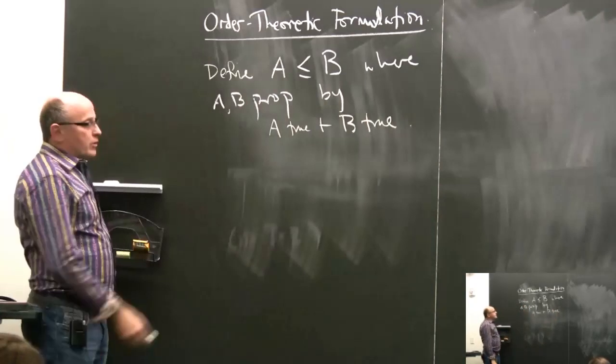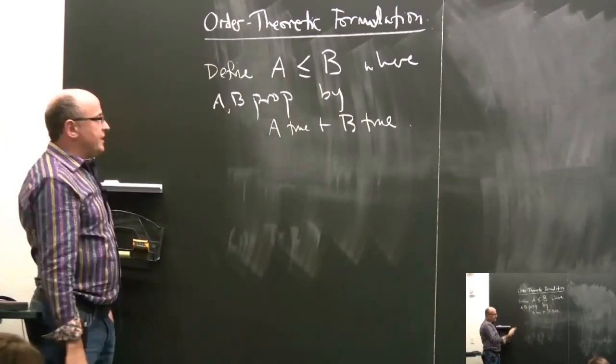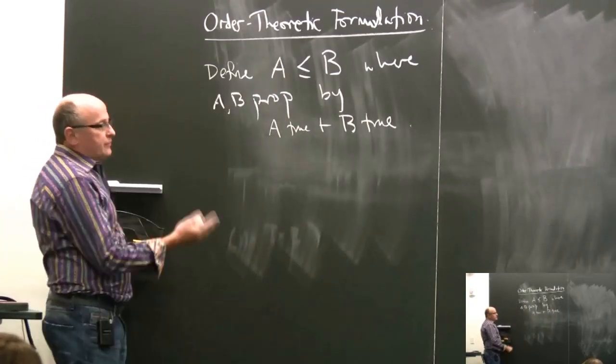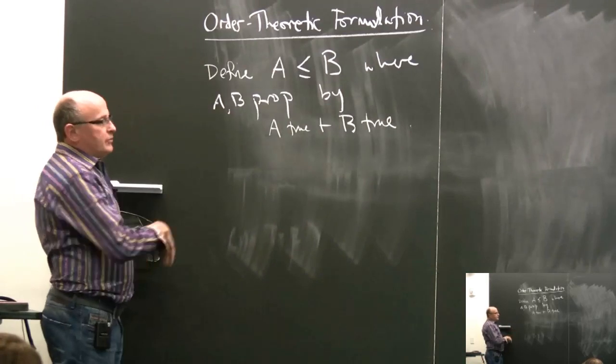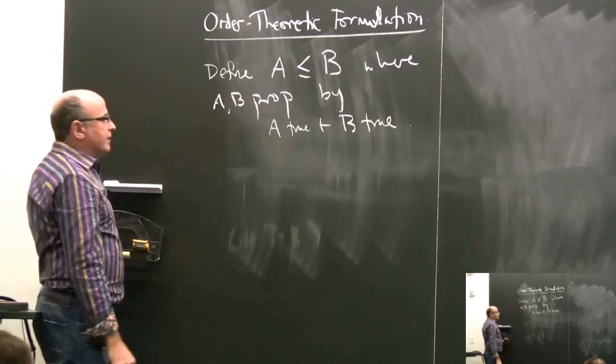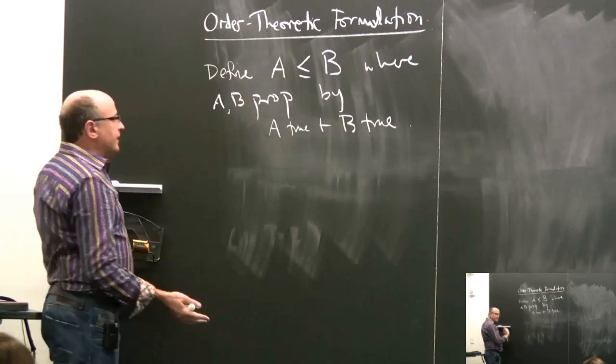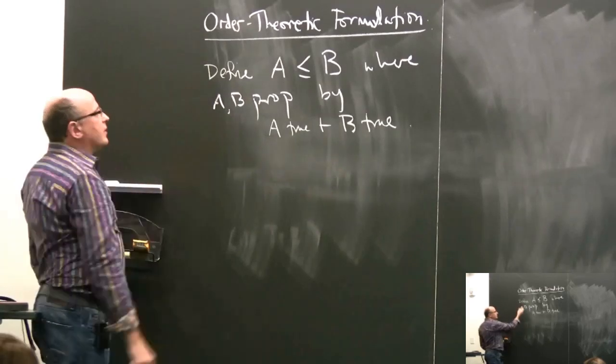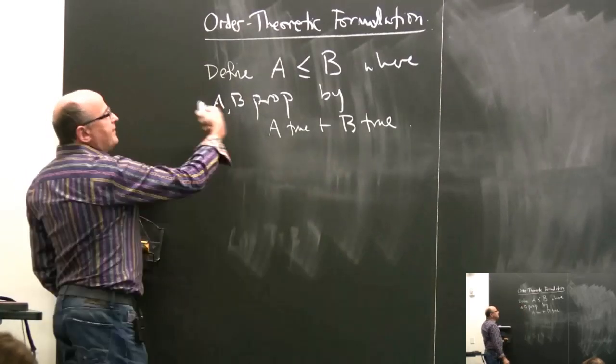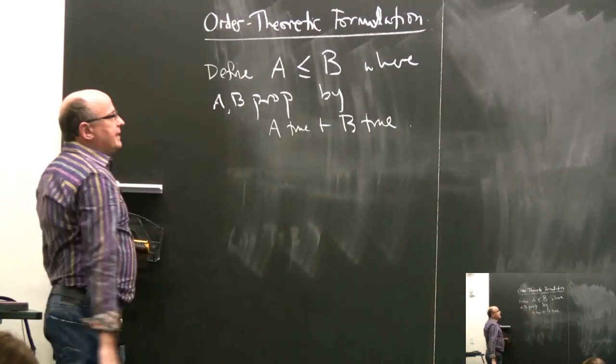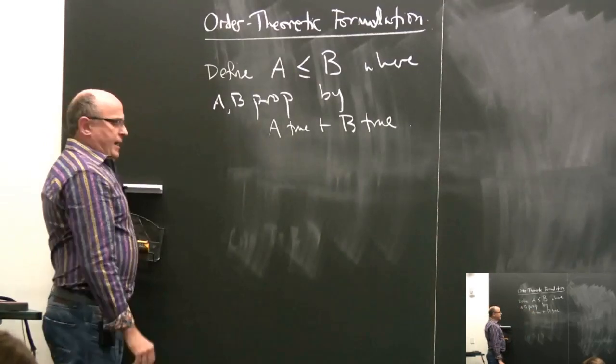Now I want to say something about this order, and I'm going to develop a little bit more machinery, in particular the negative fragment, in order to fully explain what I have here, which will then let me say something important about the structure of this. So let's define this as an entailment relation.